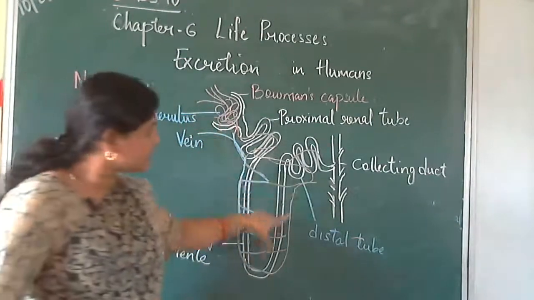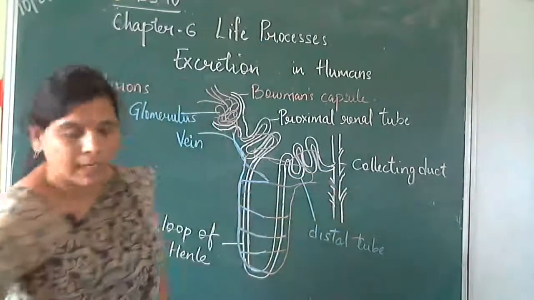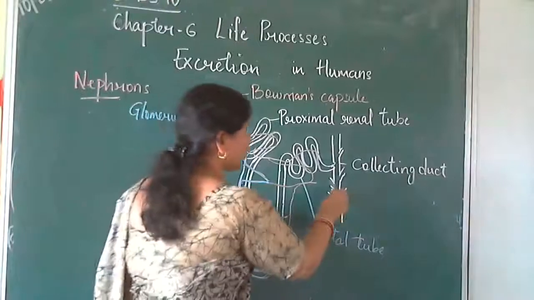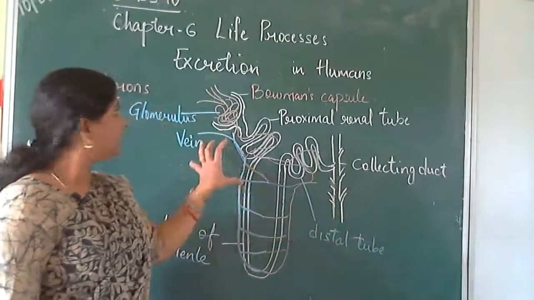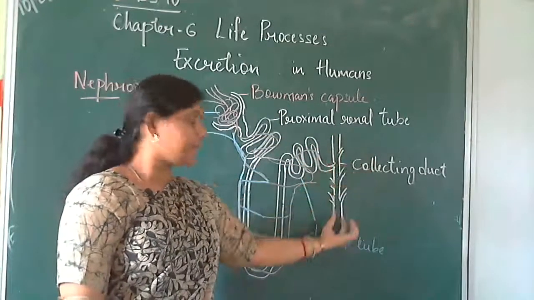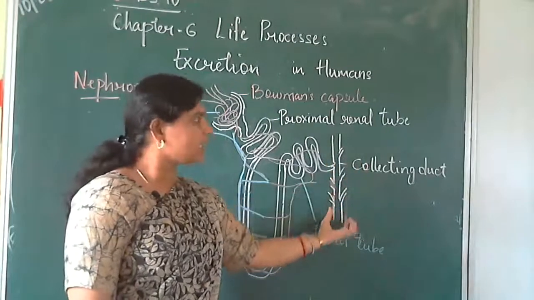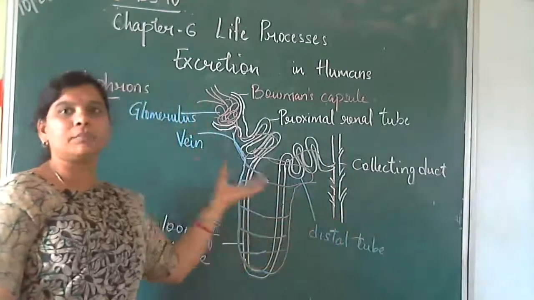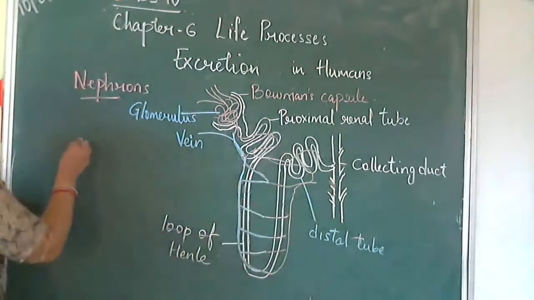So if you see here, this collecting tube has many branches over here. In this collecting tube, many such nephrons will come and pass the urine or the excretory waste. So this collecting duct will form the ureters, which we have just seen in the part of kidney. I'll once again show to you.